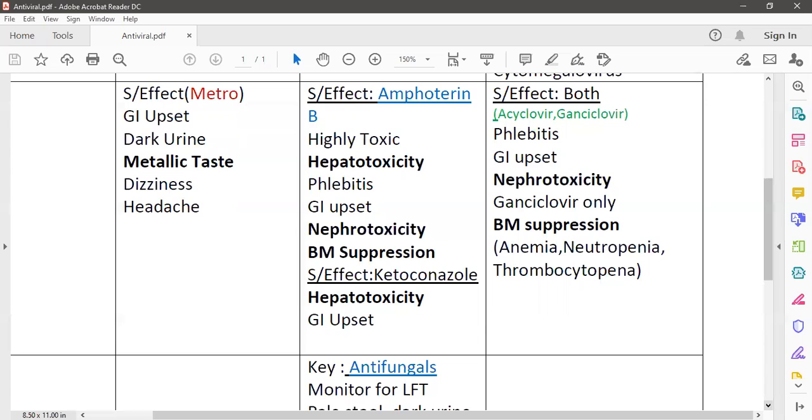Another thing: if you know your patient is taking this medication, tell your patient, if you see dark-colored urine or jaundice, anorexia, malaise, fatigue, nausea, always come and inform the healthcare provider.